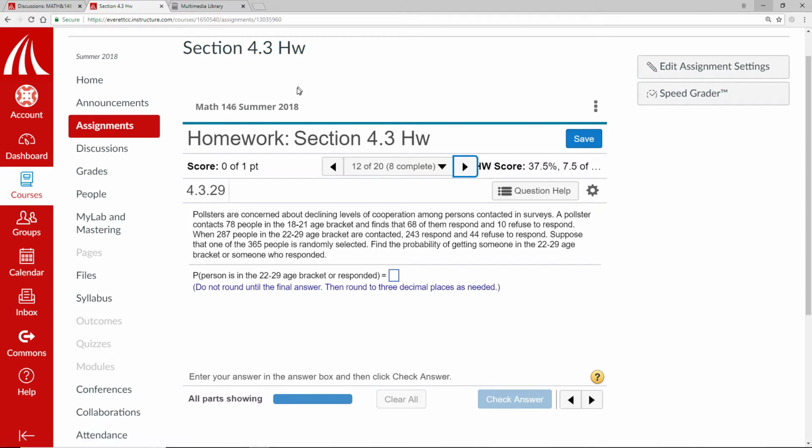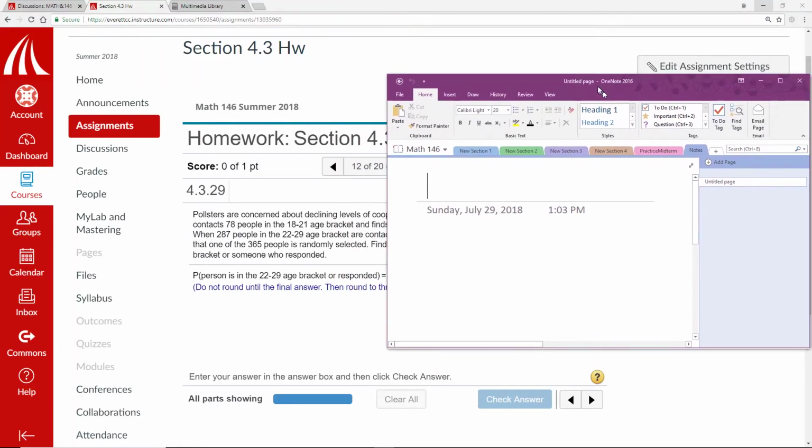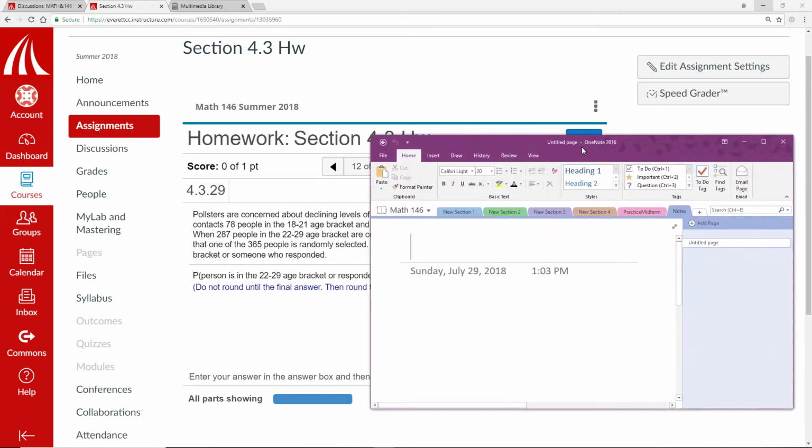So we basically need to create this chart. Pollsters are concerned about declining levels of cooperation among persons contacted in surveys. Alright. So what we'll do is create this kind of a chart that will summarize the information.